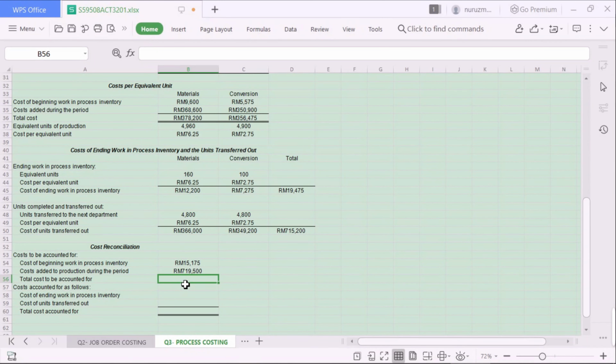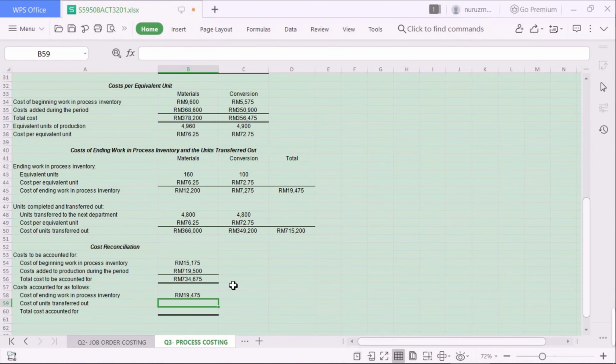Total cost to be accounted for, we add these two and it equals 734,675, and total accounted for as follows. Cost of ending work in process inventory, 19,475.